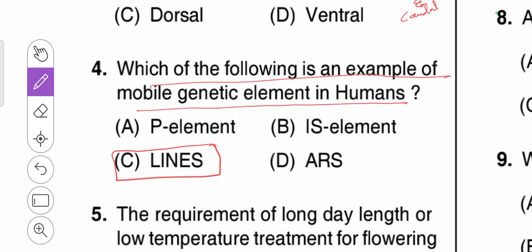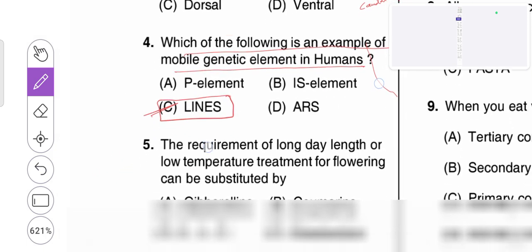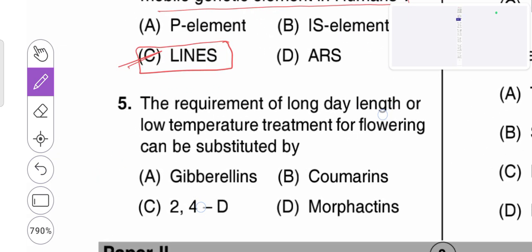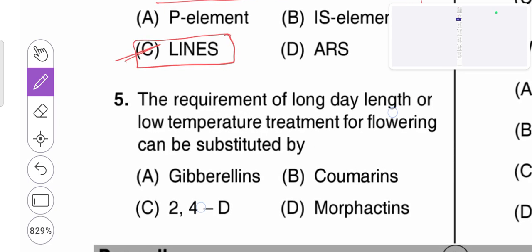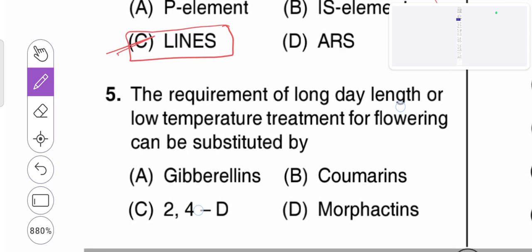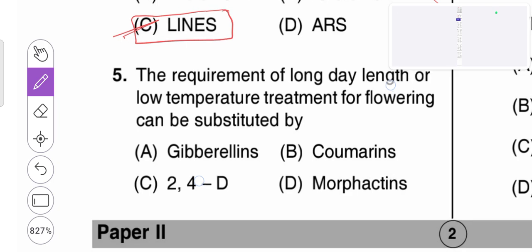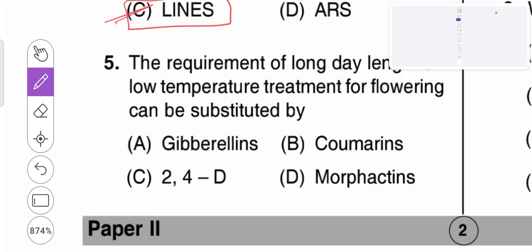So answer for this one will be C, that is LINEs. Then fifth question.